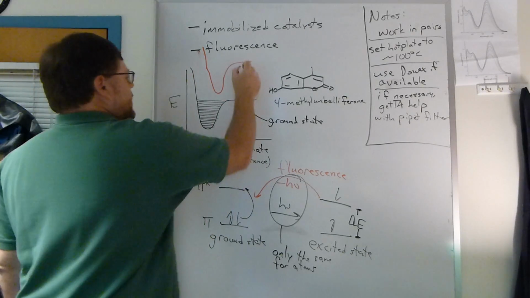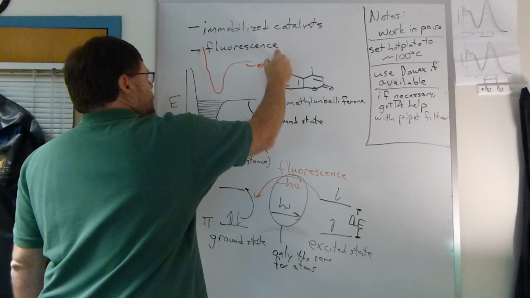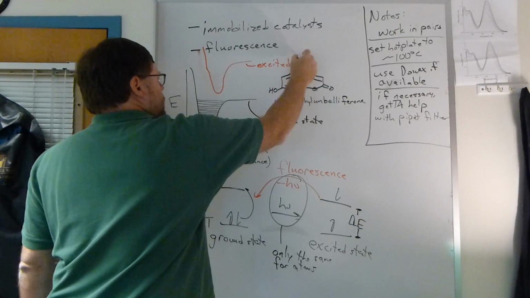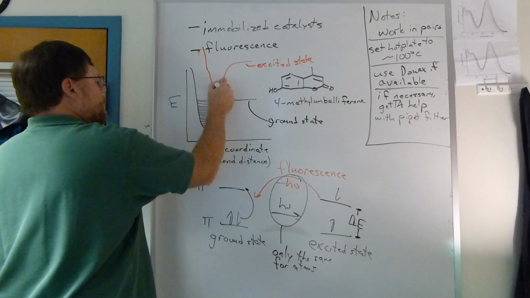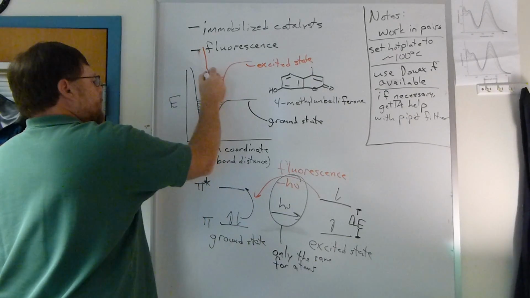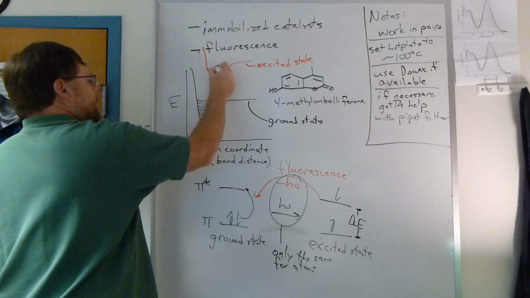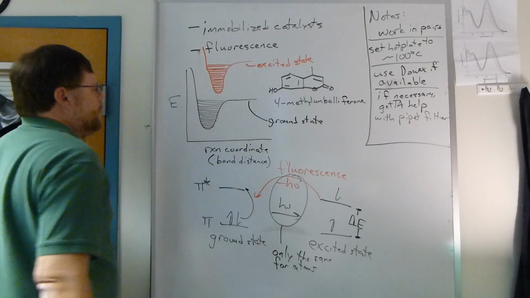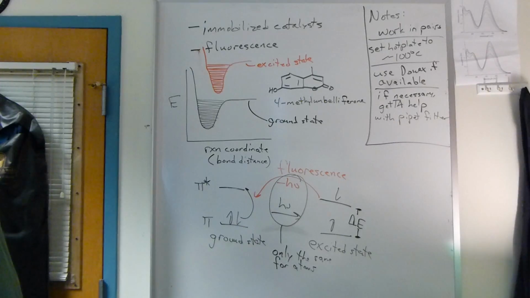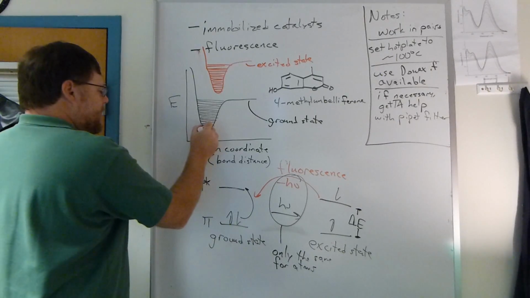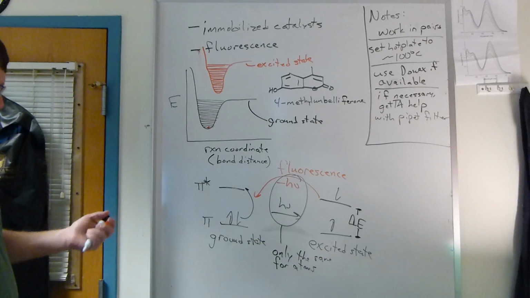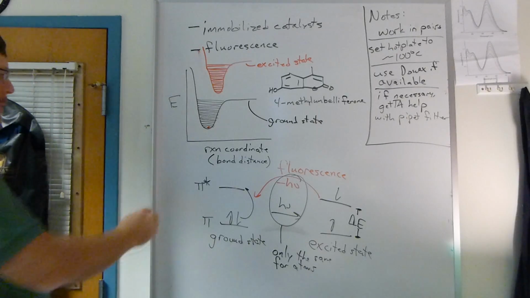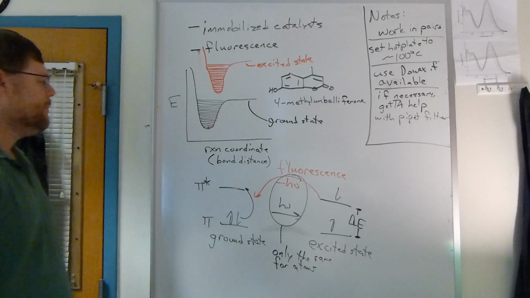Okay, so this is the excited state. And again, they're the quantized energy levels. So the most likely place for the ground state molecule to be is sort of in the middle at the lowest vibrational level.